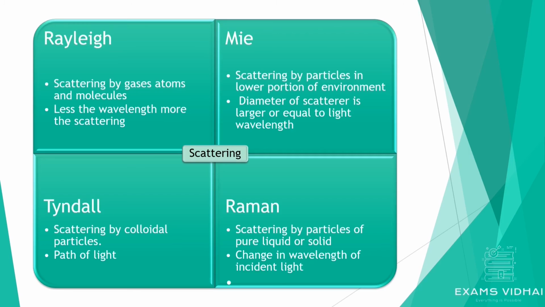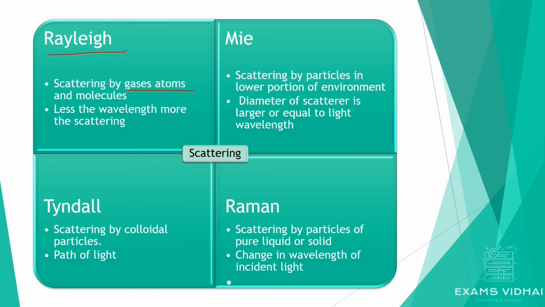Let's recall what different kinds of scattering we have read. First, Rayleigh scattering. Here, scattering takes place by the atoms and molecules of the gases. Here, we have seen that scattering S was proportional to 1 by lambda to the power 4.